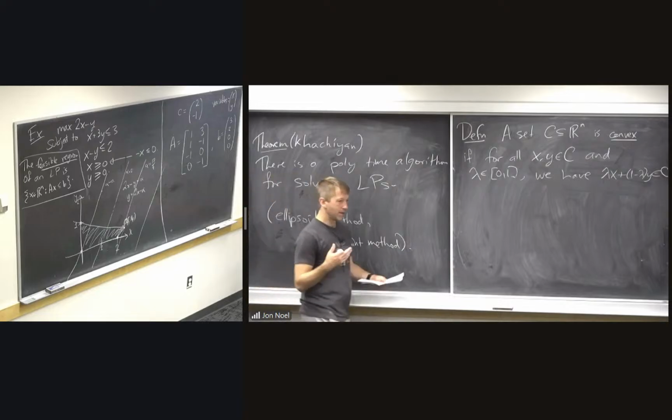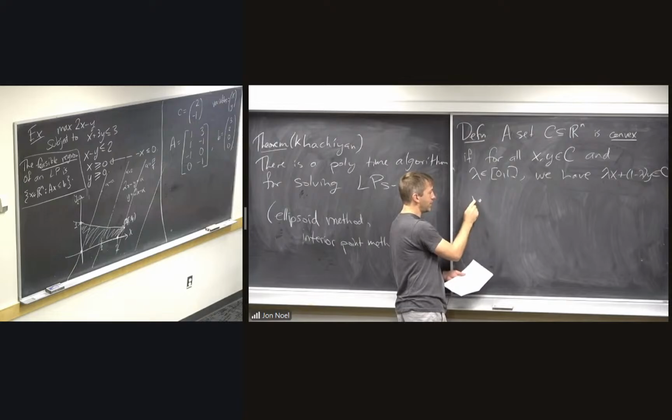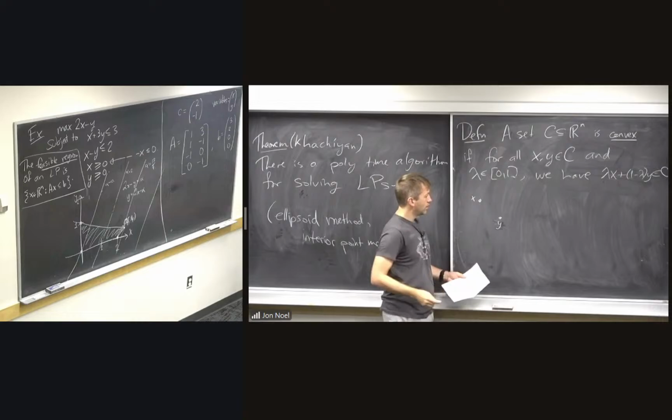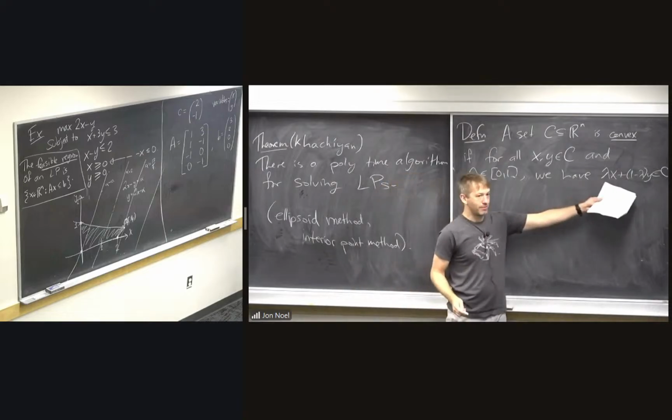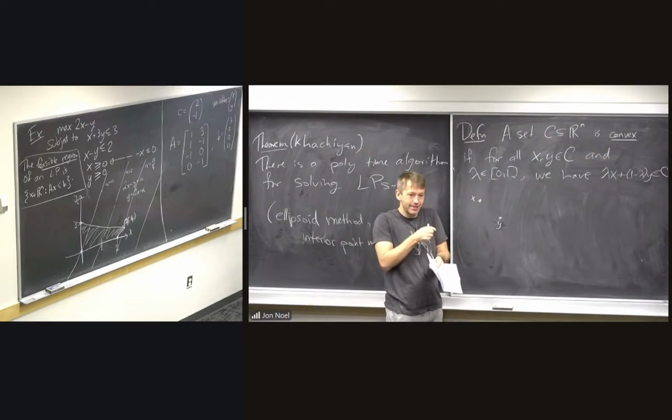This is maybe a kind of standard definition. What it really means is if I take 2 points that are in C, what is this lambda x plus 1 minus lambda y? That's really just a point on the line segment between x and y.